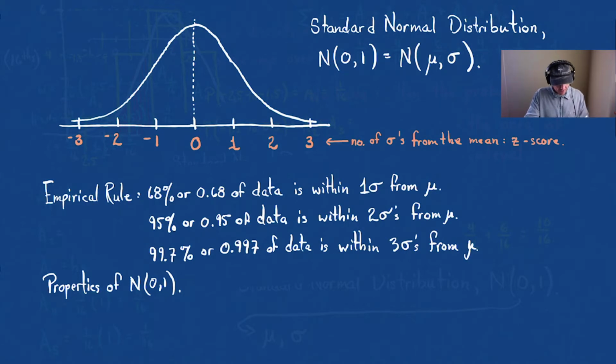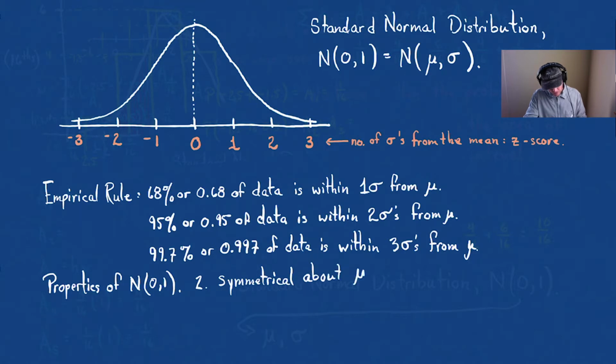Now the next one, so that was the first property. The second property is it's symmetrical about mu. What does that mean?